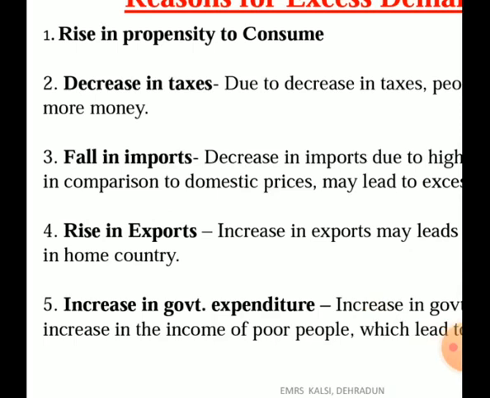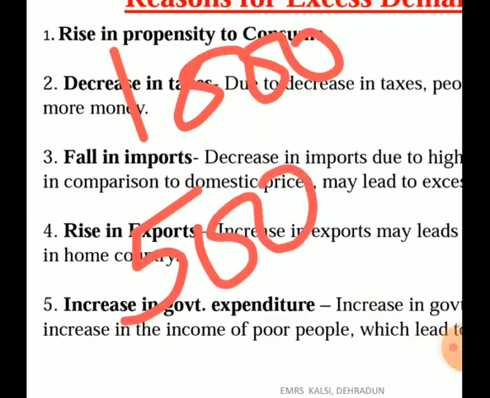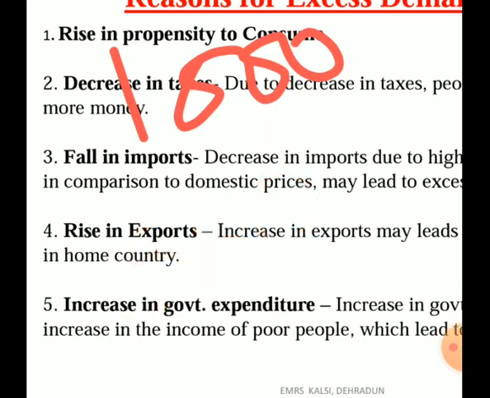So when there is a rise in propensity to consume, for example, earlier people were earning 1000 rupees, and out of this 1000 they were spending 500 rupees, and the rest 500 was going to their savings account. Now people decided to increase their consumption.